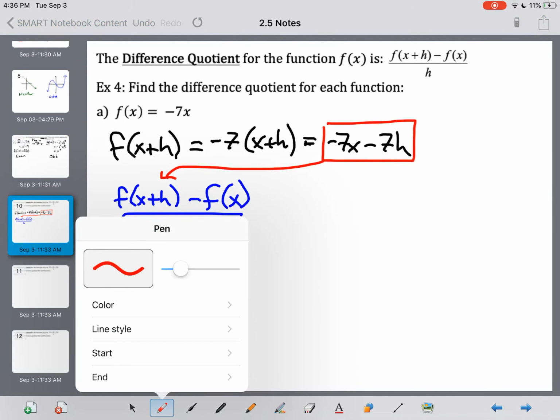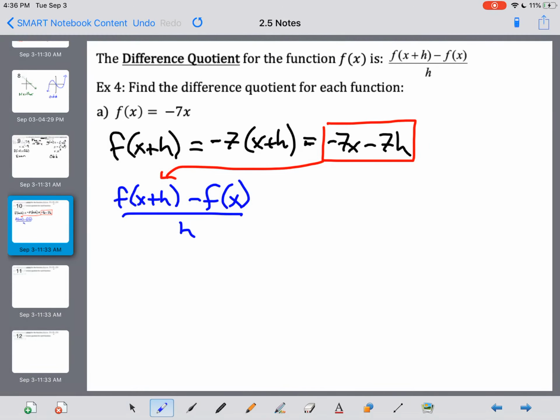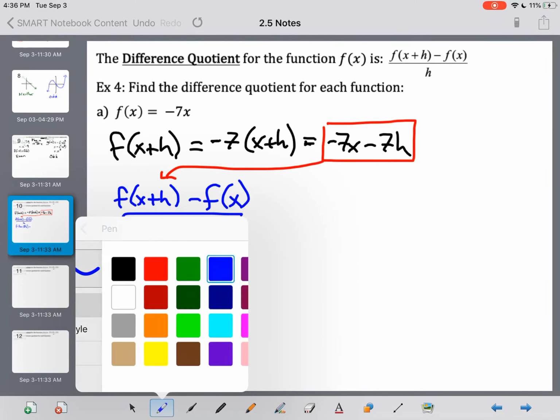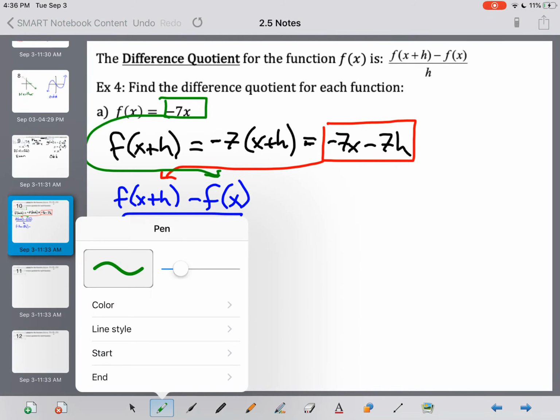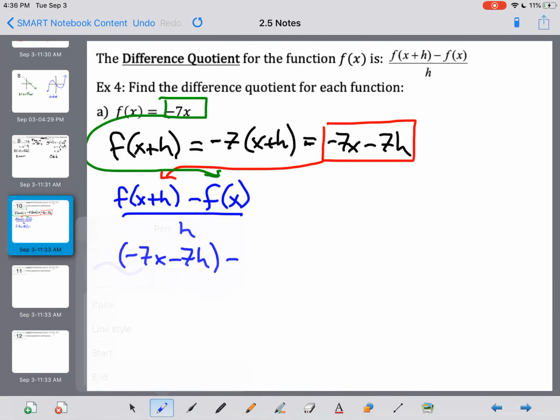So this is going to become negative 7x minus 7h. Now, we know what f of x is. F of x is negative 7x. So that is going to come here and replace this f of x. So this will be minus negative 7x, and all of that over h.